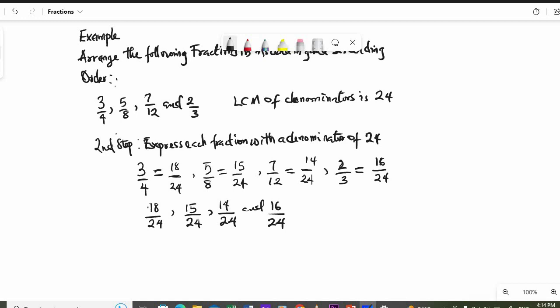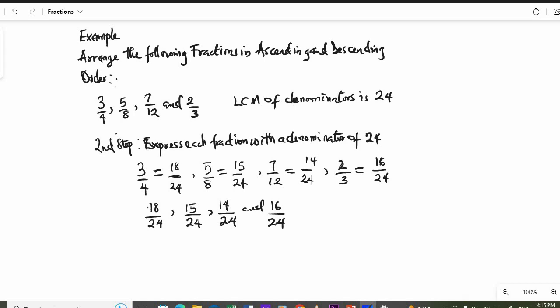Now, how do we arrange in ascending or descending order? Since we have all the denominators as 24, we'll be focusing on the numerators alone. The numerators here are 18, 15, 14, and 16.